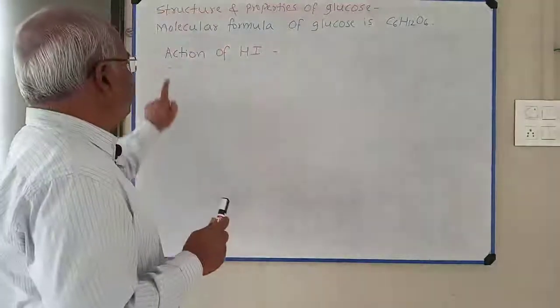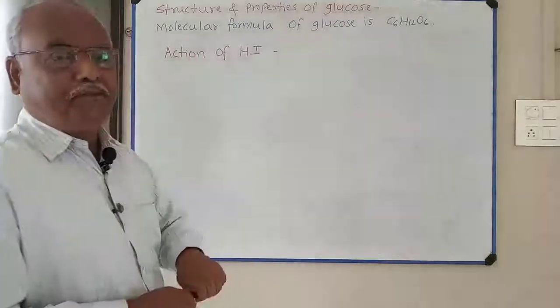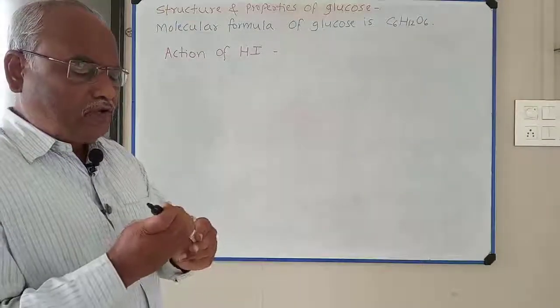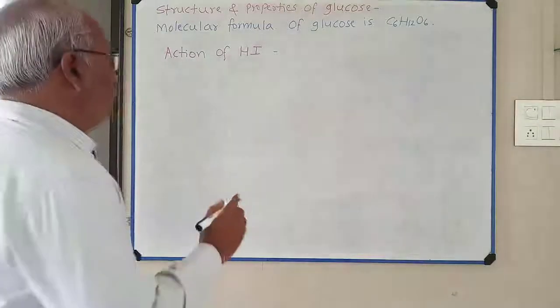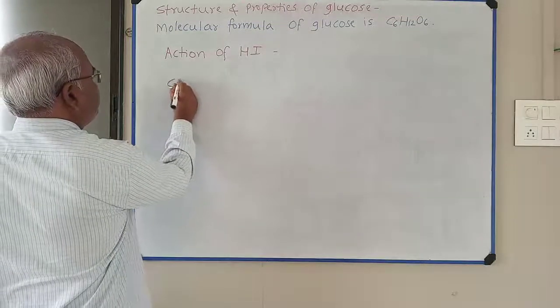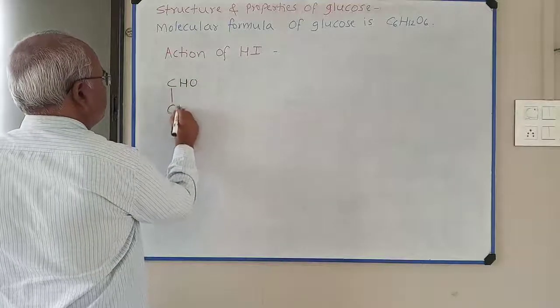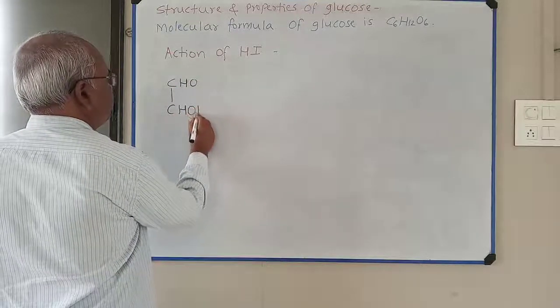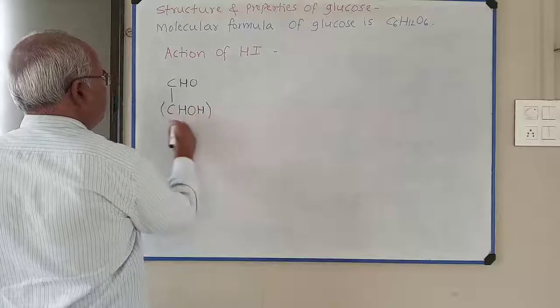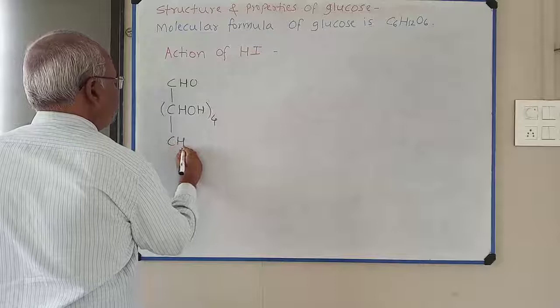So first point I want to explain: action of HI, that is hydroiodic acid. So glucose, the structure is CHO single bond CHOH 4 times CH2OH.